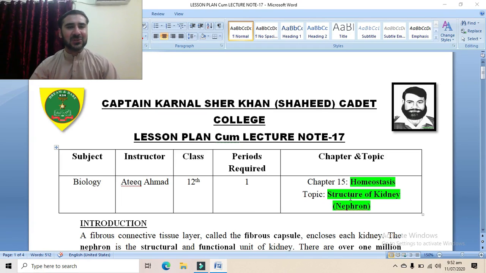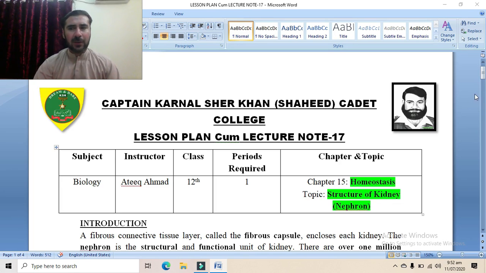Today we are going to study the topic, the structure of the kidney. The kidney is enclosed, or in other words covered, by a connective tissue layer which is known as the fibrous capsule or renal capsule.